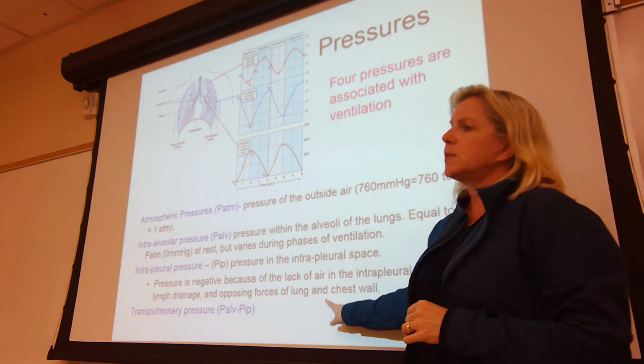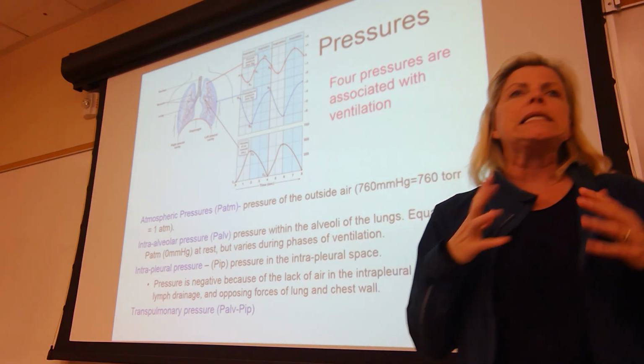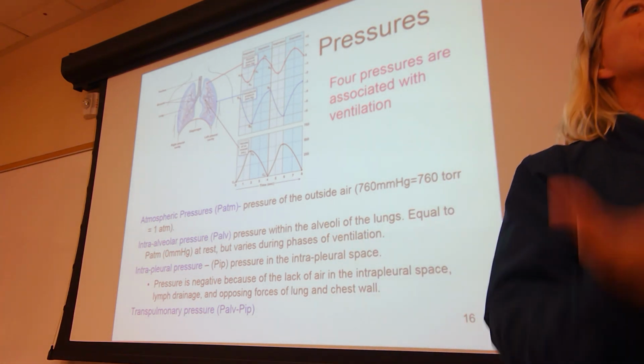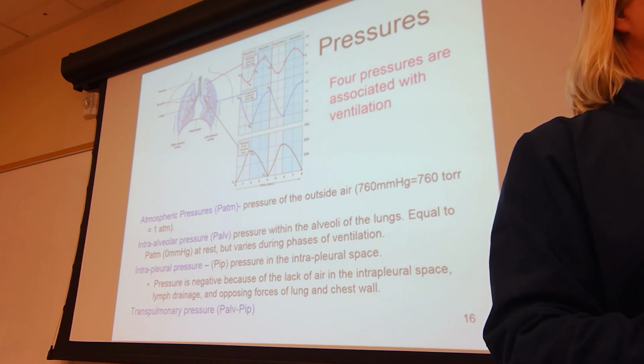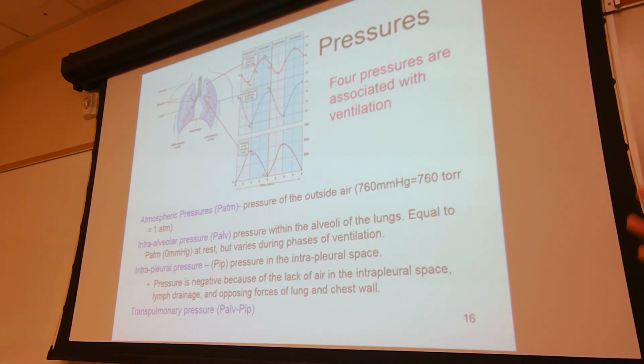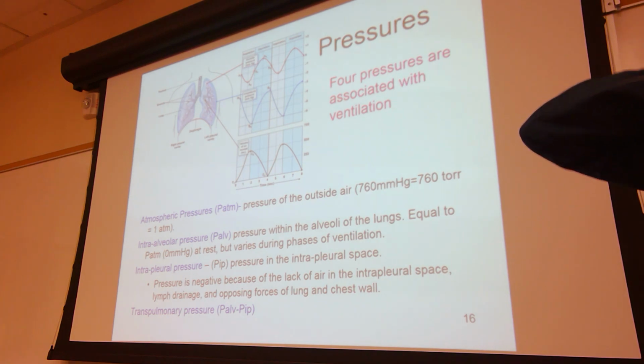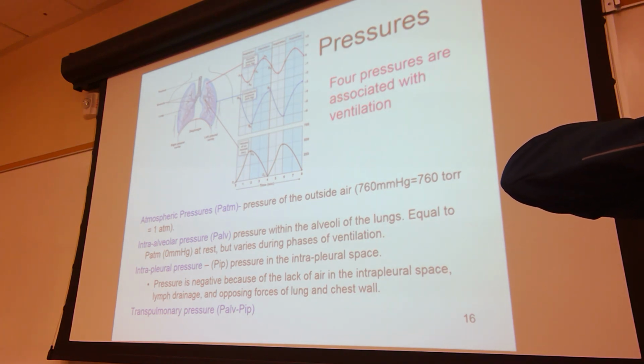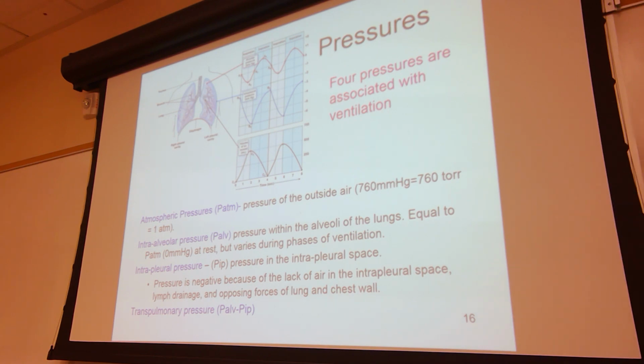The bigger your distending pressure, the more easy it is to inflate your lung, to get a breath in. We want a good distending pressure. We want a good transpulmonary pressure. Again, it's the difference between your alveolar pressure and your intrapleural pressure. It's the difference between the pressure inside your lung versus immediately around your lung in the pleural cavity.